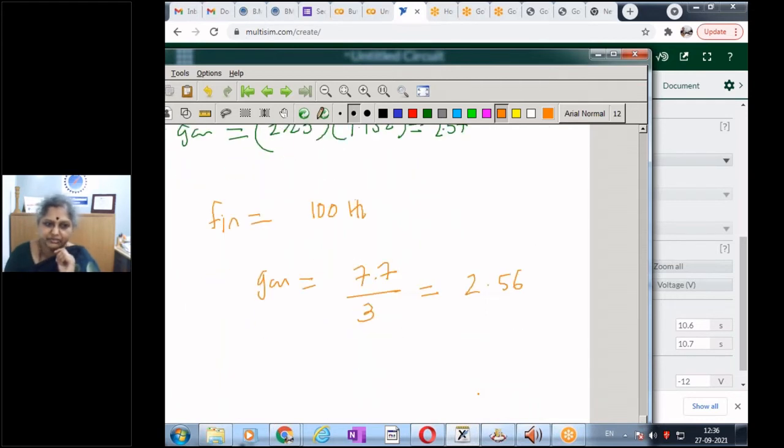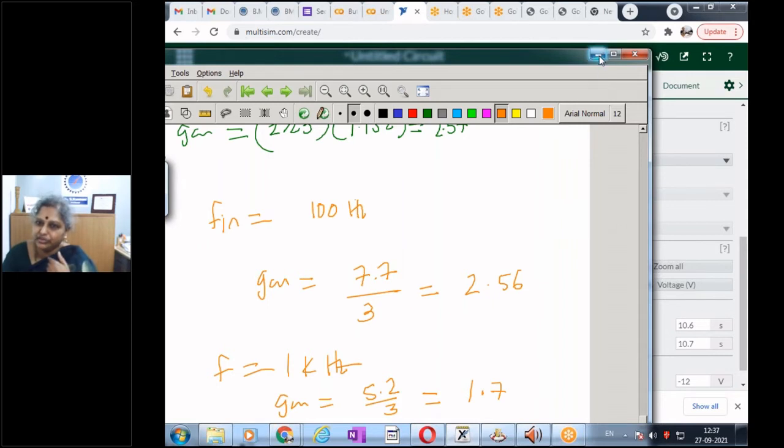When I change my frequency to 1 kilohertz, my gain is 5.2 divided by 3. How much is this? Around 1.7.